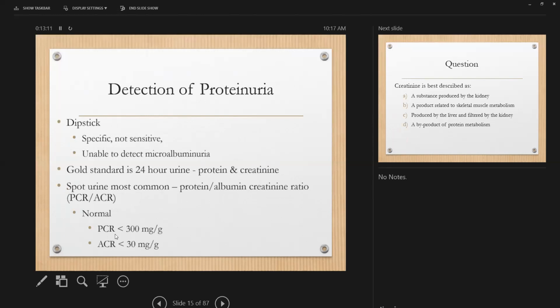So normal for your protein, you want less than 300, and for your albumin creatinine ratio, you want it under 30. So let's say you did mine, and I came in at 125 for my PCR, and I came in at 20 for my ACR, I'm normal. I'm okay. I don't have any problems going on.